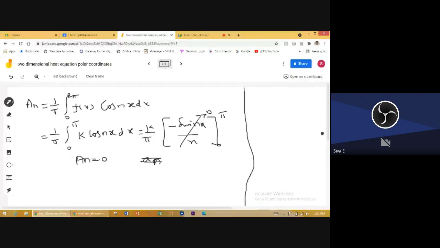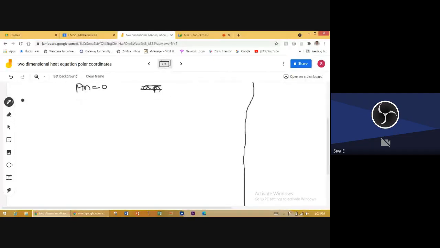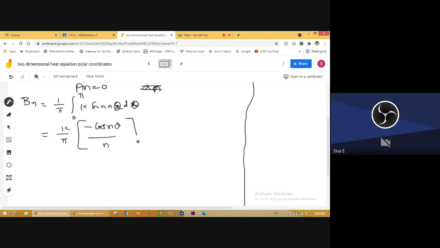What about b n? b n is 1 by pi integral, we can write 0 to pi directly, of sin n x. It is not x, na, it is theta. So in the cos also you have to write theta. It's not x. So 1 by pi, k taken outside, k by pi, the integral of sin is minus cos n theta by n, from 0 to pi.